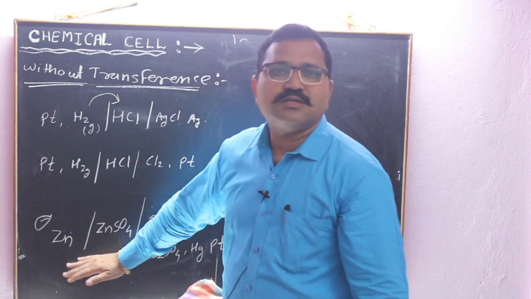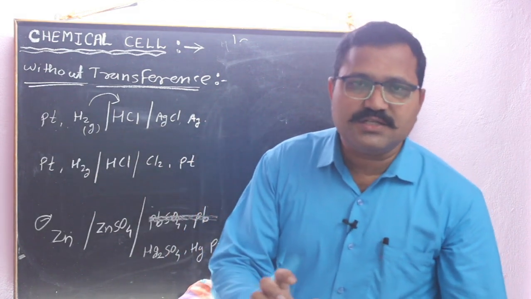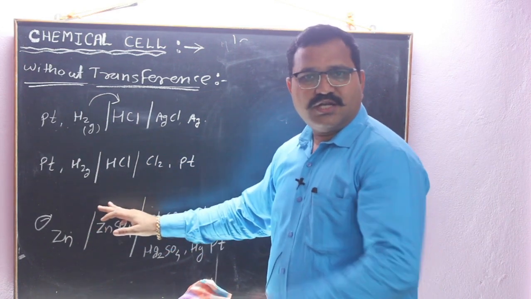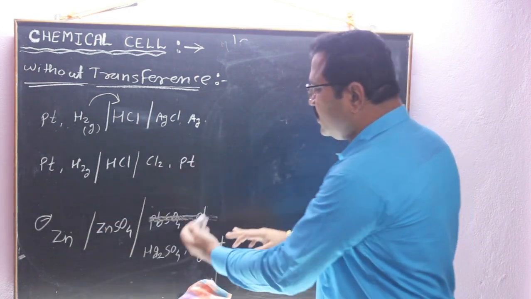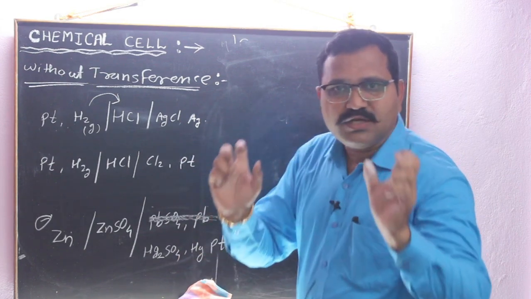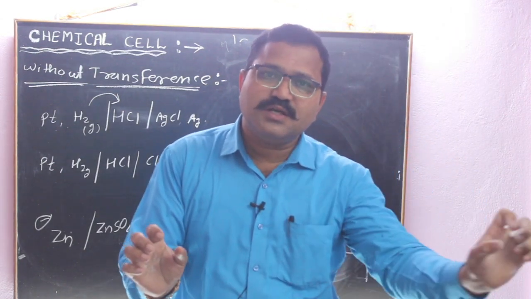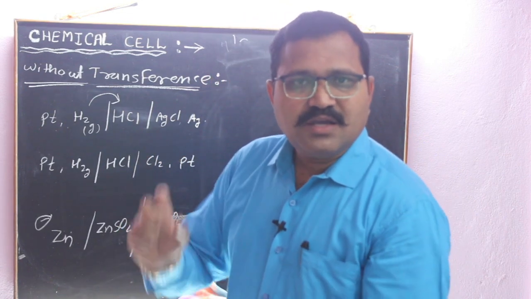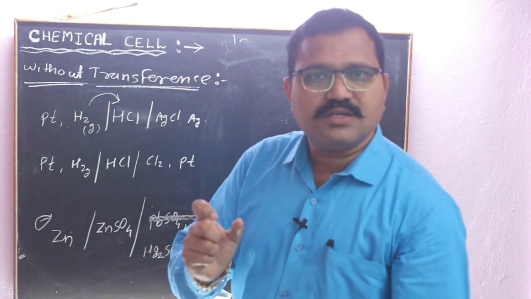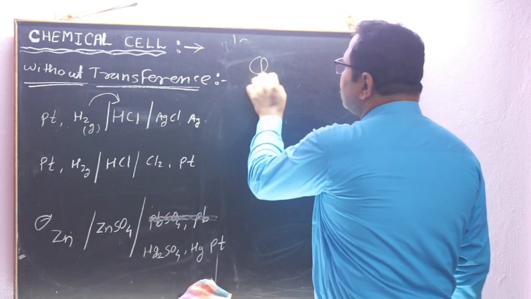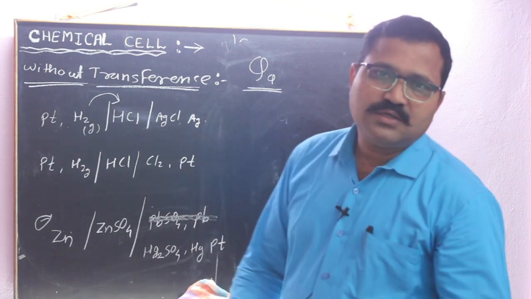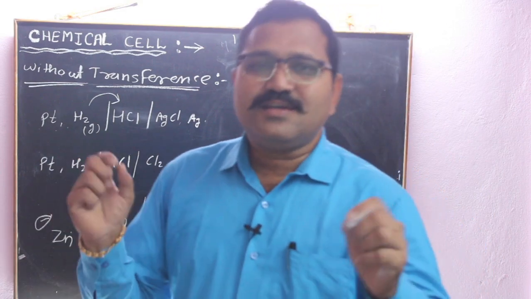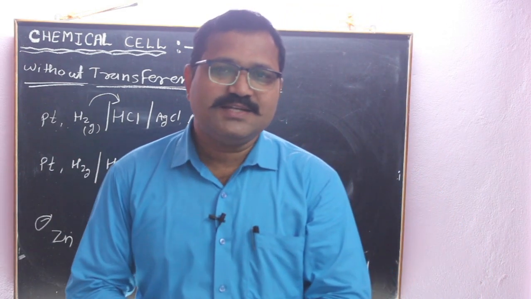Once you write the cell representation, you can consider its reactions: oxidation reaction at anode, reduction reaction at cathode. Add these two half cell reactions to form a net cell reaction. From that net cell reaction, the redox reaction, write the value of reaction quotient. And this QA value is substituted in the Nernst equation. We will get the equation for potential of that particular cell.